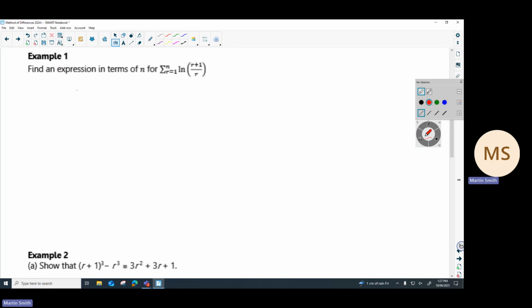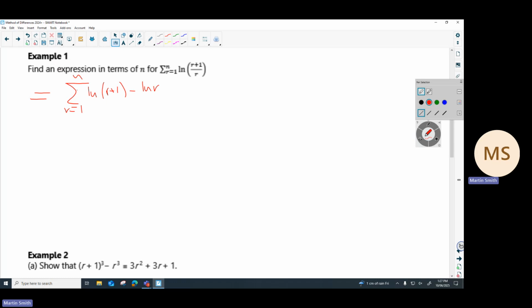So in this case, I can do that straight away. This is the same by laws of logs. Ln of (r plus 1) over r is the same as the sum from r is 1 to n of ln of (r plus 1) minus ln of r.